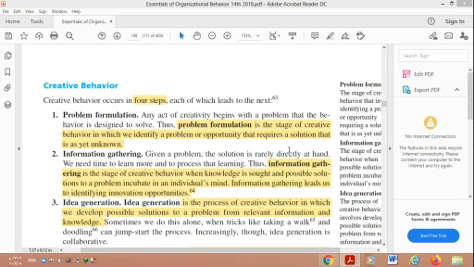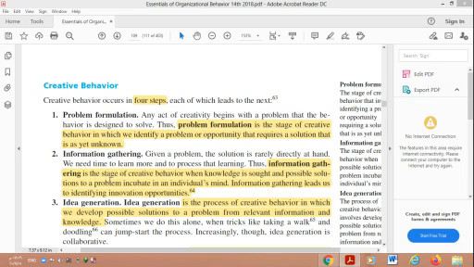The first one is problem formulation. It means problem identification. In this stage of creative behavior, we identify the problem or opportunity that requires a specific solution or a unique solution that is as yet unknown. The second stage of creative behavior is information gathering.